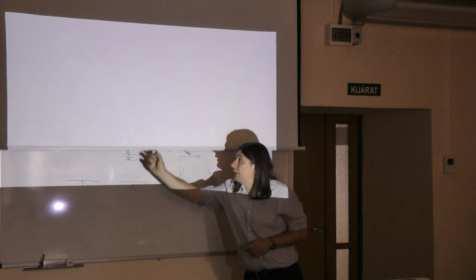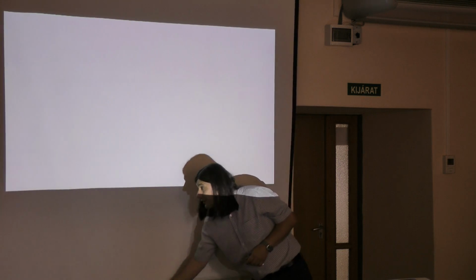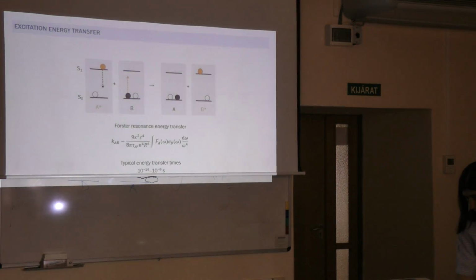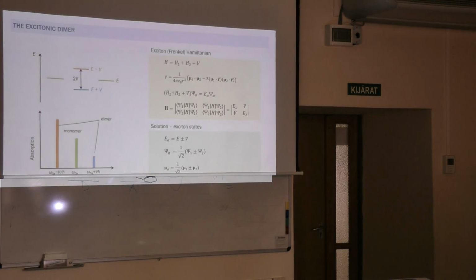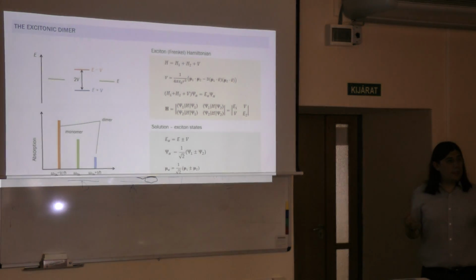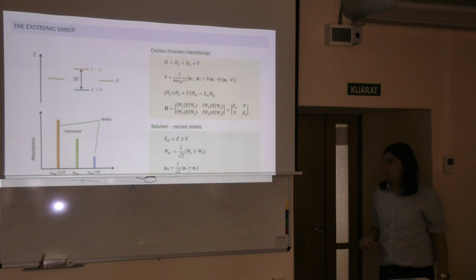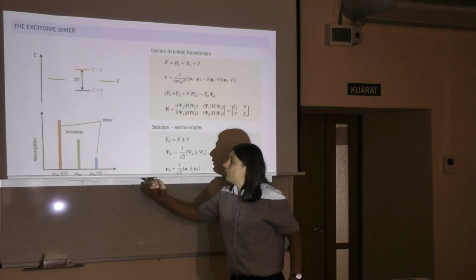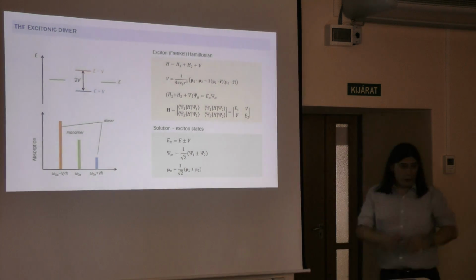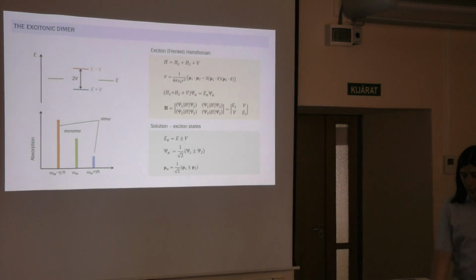Now, if that condition is not satisfied, then we have another situation. Then we cannot treat the two molecules as separate molecules anymore, and we have to calculate the excited states for the whole entire aggregate.